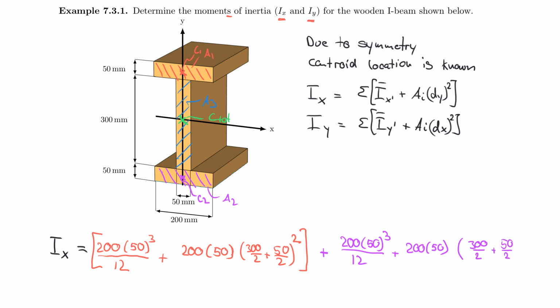But technically speaking, this would be a negative distance, right? Why can we still ignore that? Because we square it here. So you see that this formula here allows us to use negative numbers here and ignore the fact that this is actually in a negative direction.